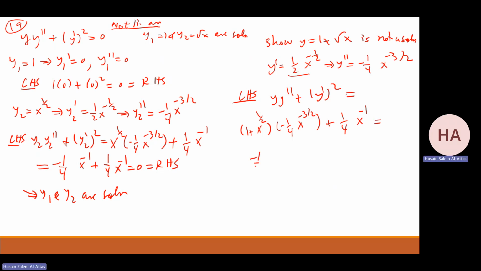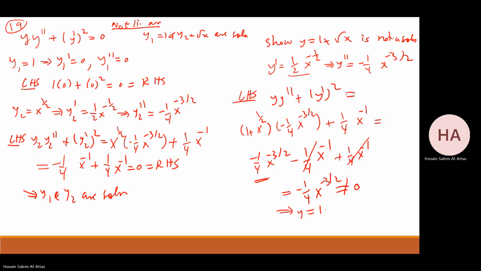This will be minus 1 over 4 x to the power minus 3 over 2, minus 1 over 4 x to the power minus 1. Half minus 3 over 2 is minus 2 over 2, which is minus 1. Plus 1 over 4 x to the minus 1. This is cancelled, but I still have this, and this is not equal to 0.